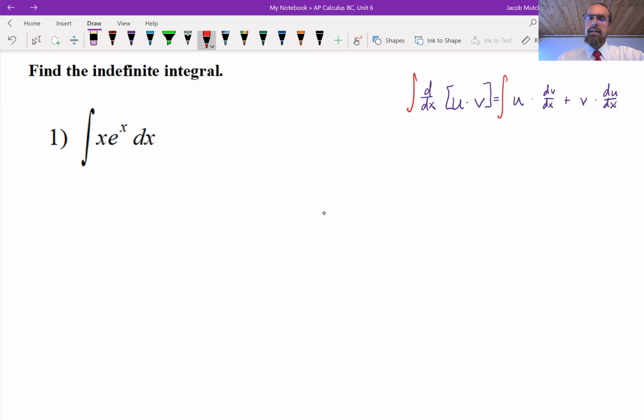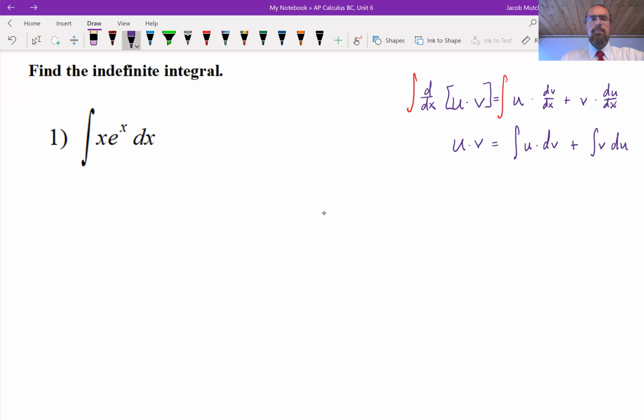On this left side, the integration of the derivative of u times v is going to be just u times v. And on the right side, we'd have the integration of u dv, plus the integration of v du.